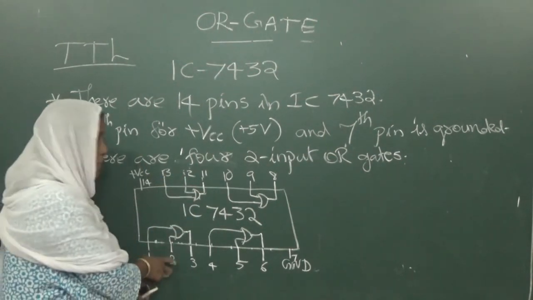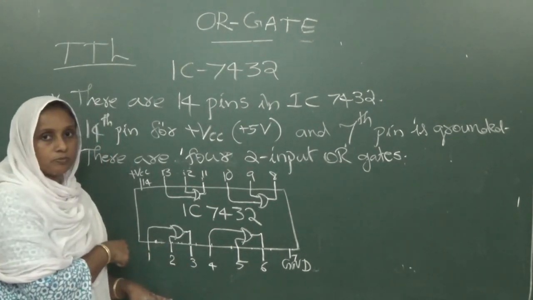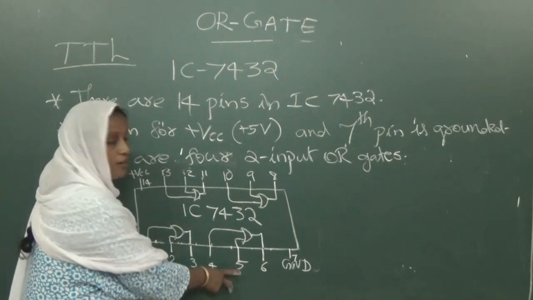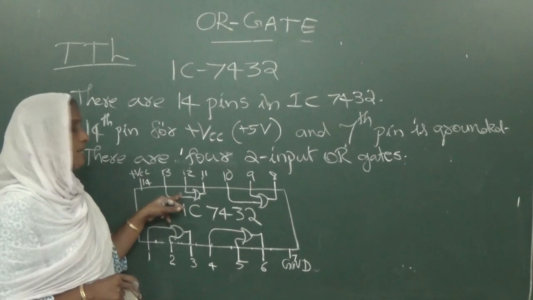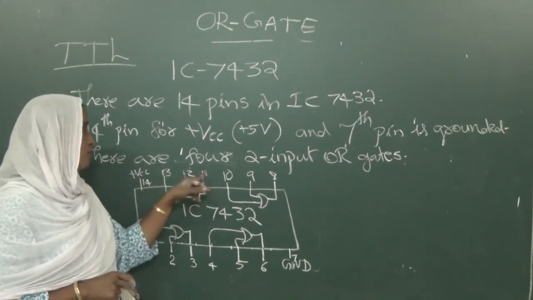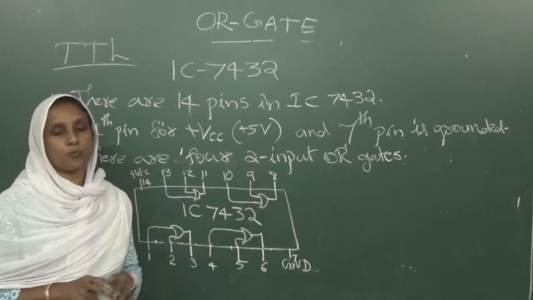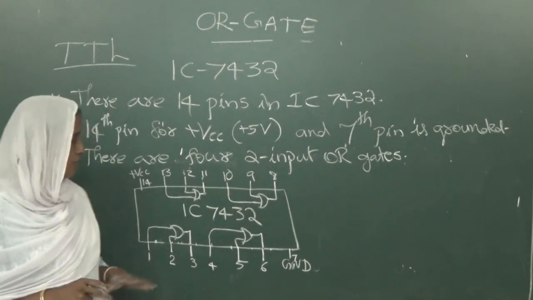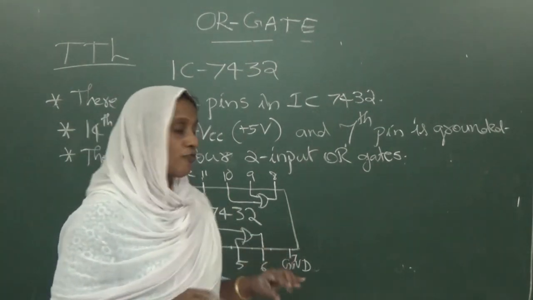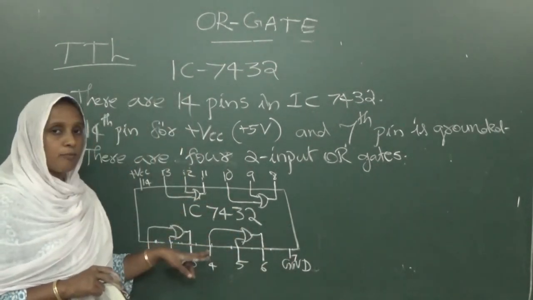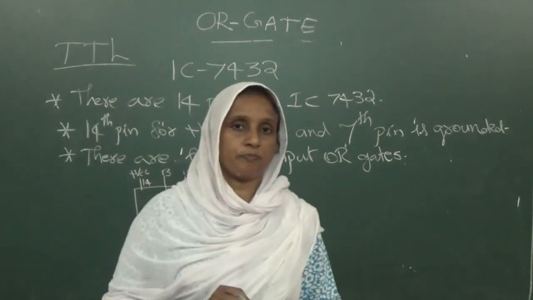In this, 1, 2 are inputs of the first OR gate with 3 as output. Similarly, 4 and 5 are inputs and 6 its output. In this gate, 13 and 12 are inputs with 11 as output. 10 and 9 are inputs with 8 as output. Okay, so these 4 gates are independent. If you need a connection between them, you have to use other connecting wires to connect them to each other.